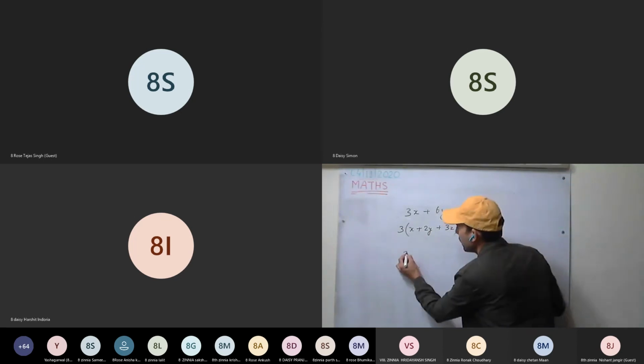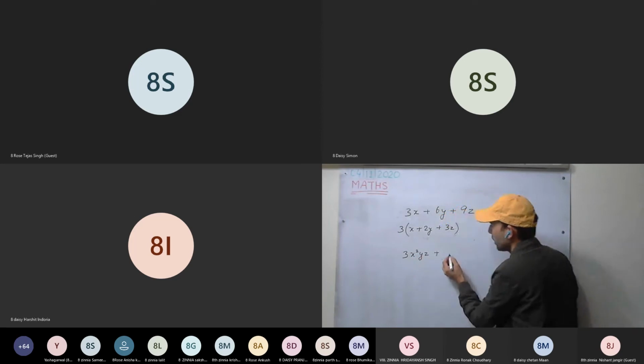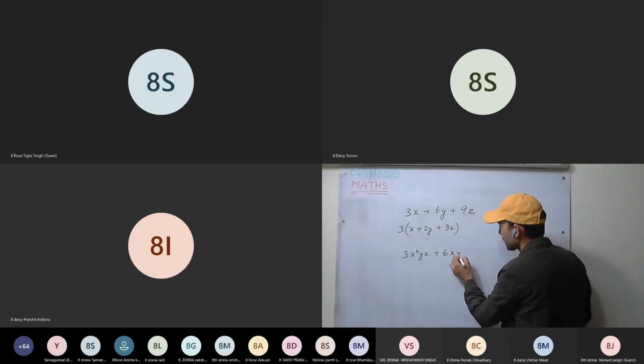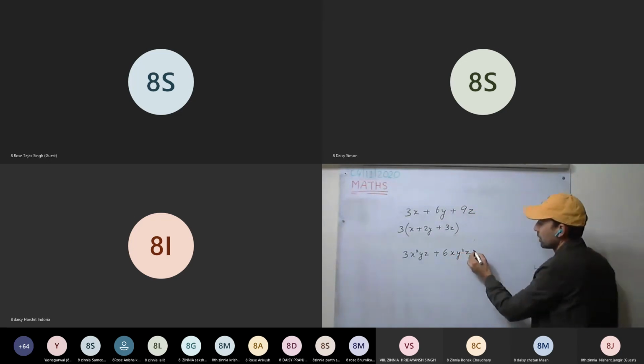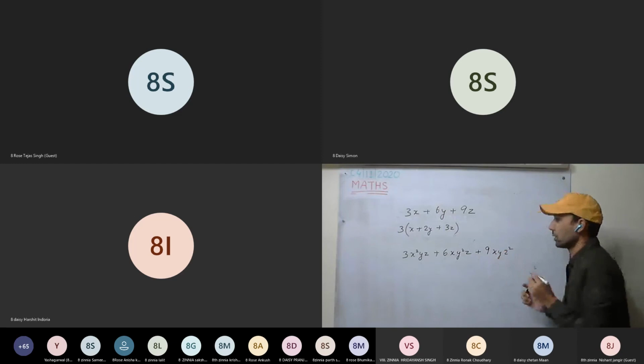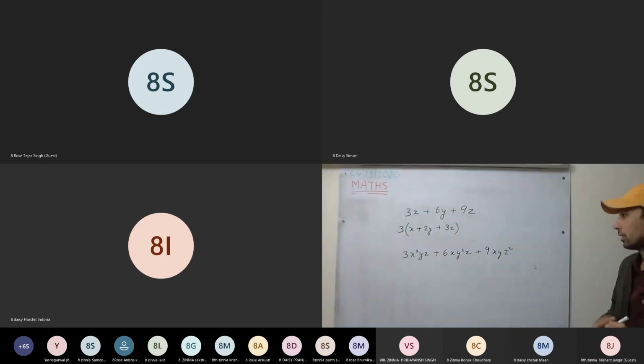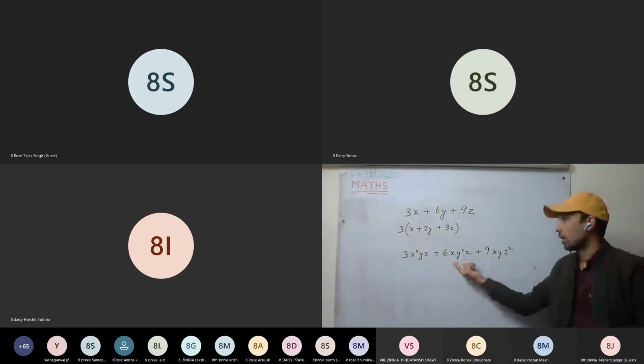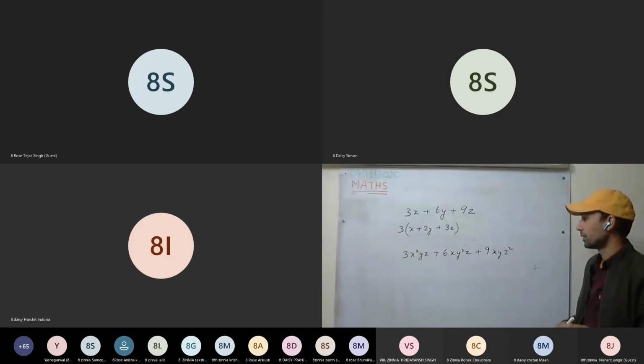Okay, do one more. 3x square yz plus 6xy square z plus 9xyz square. Now factorize this expression.